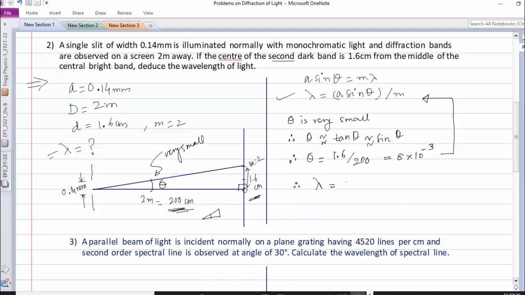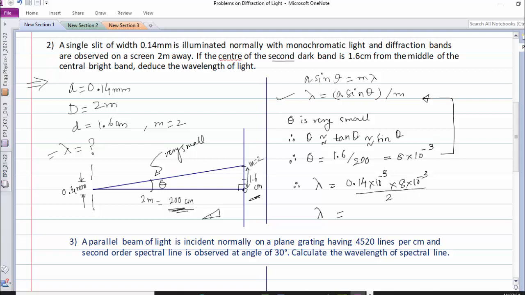Therefore, wavelength is equal to a, which is given in millimeter, so we will write it in meters, considering its multiplier. Then sine of theta is theta, we will write directly here, and the order of the diffraction is given as 2.